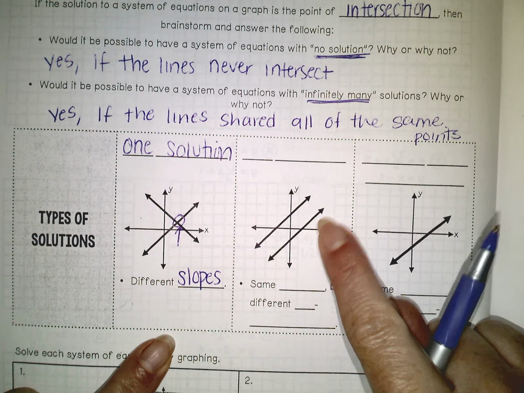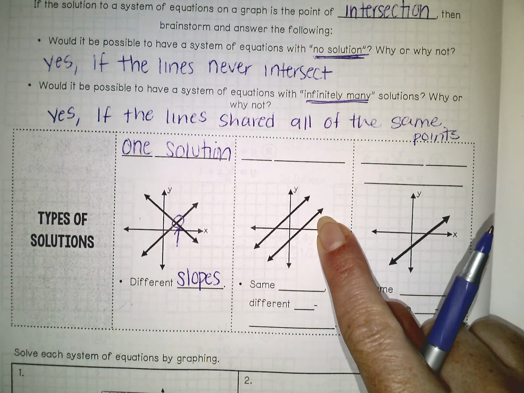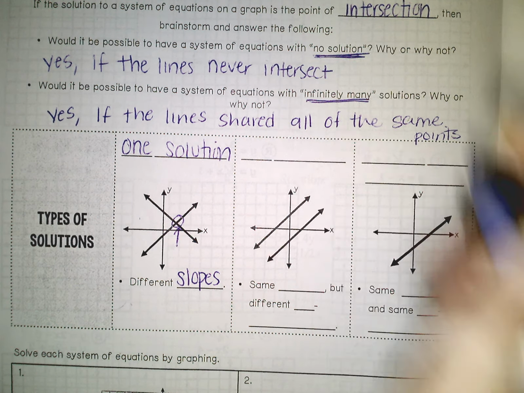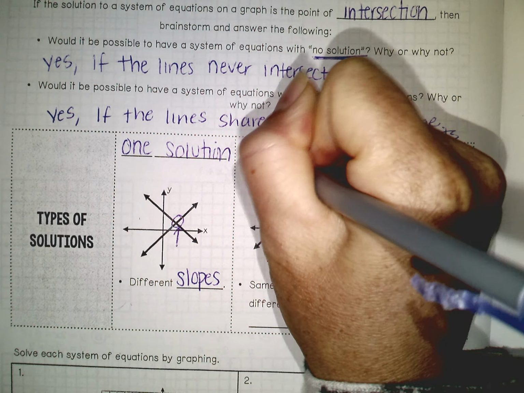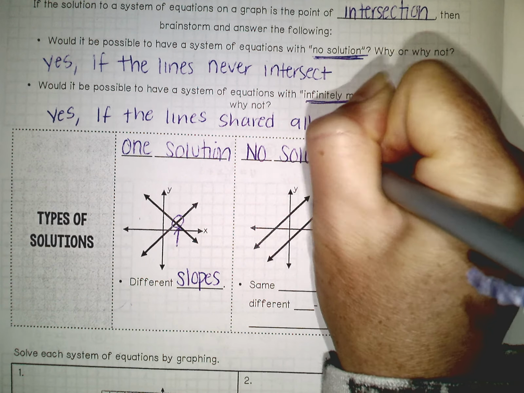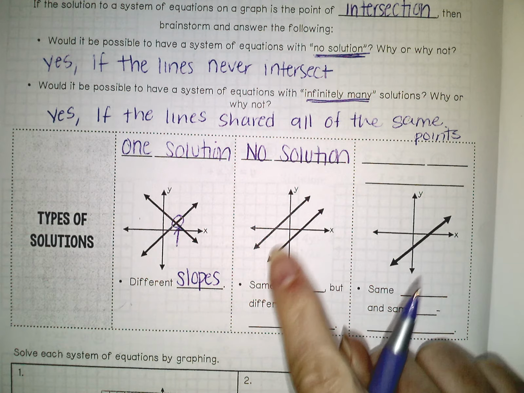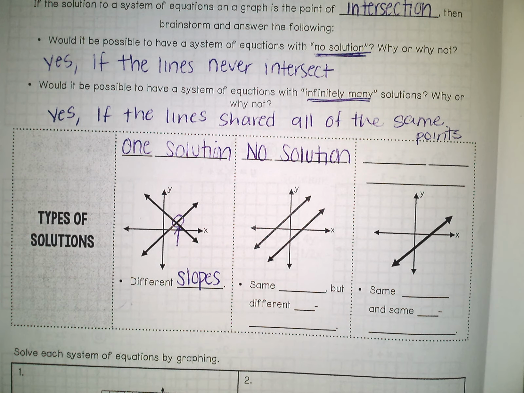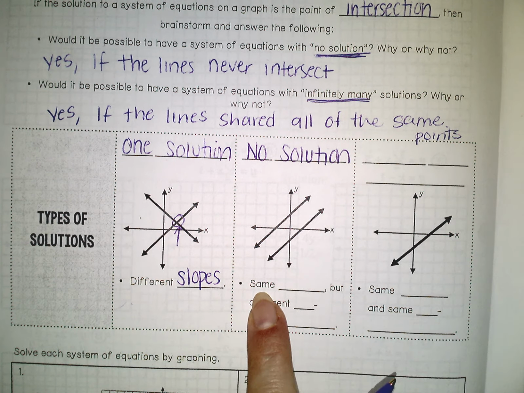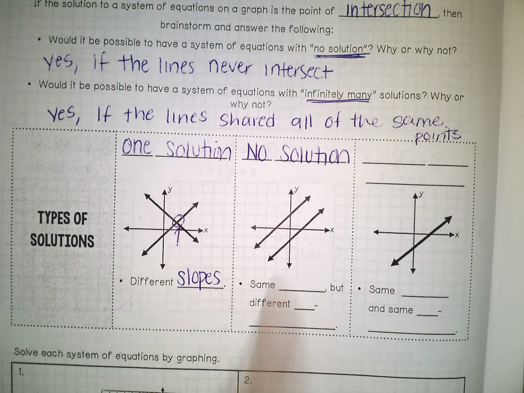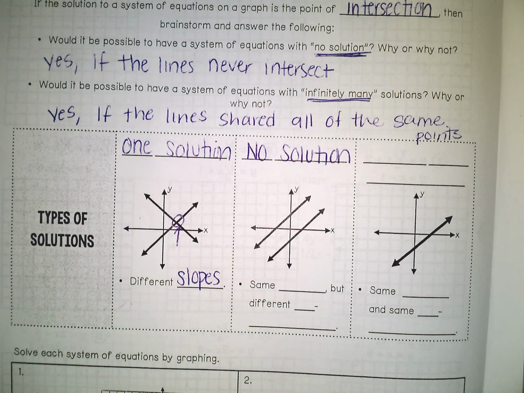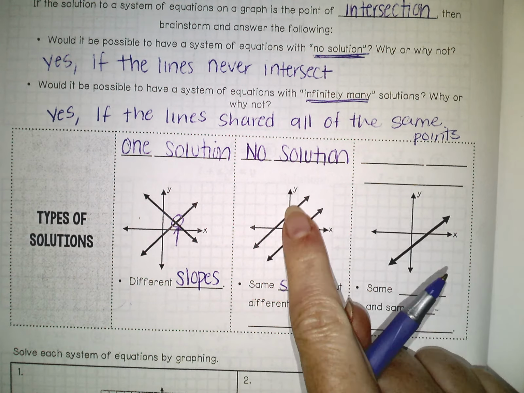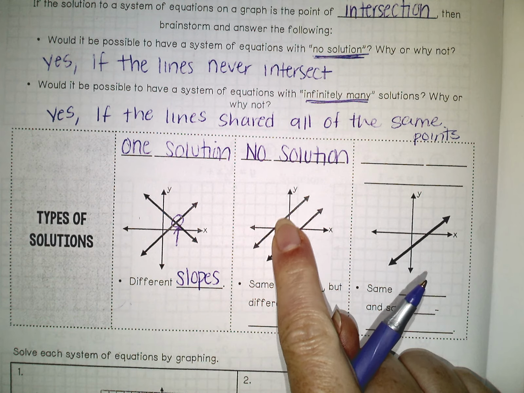So the next one, when you have parallel lines, is there ever going to be a solution? Will they ever intersect? No. So this is when we have a no solution. The lines are parallel to one another, therefore they will never intersect. What do they have the same? They have the same slope. They have the same steepness of their line.